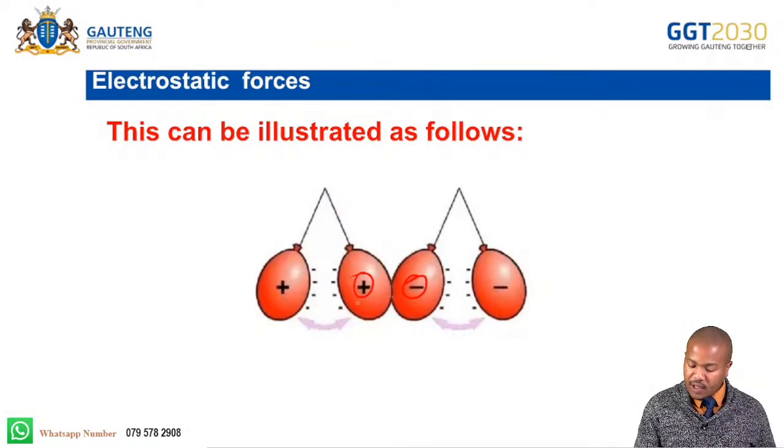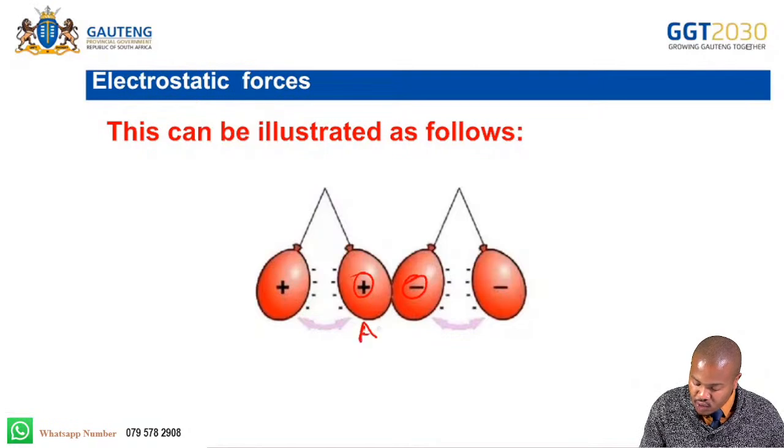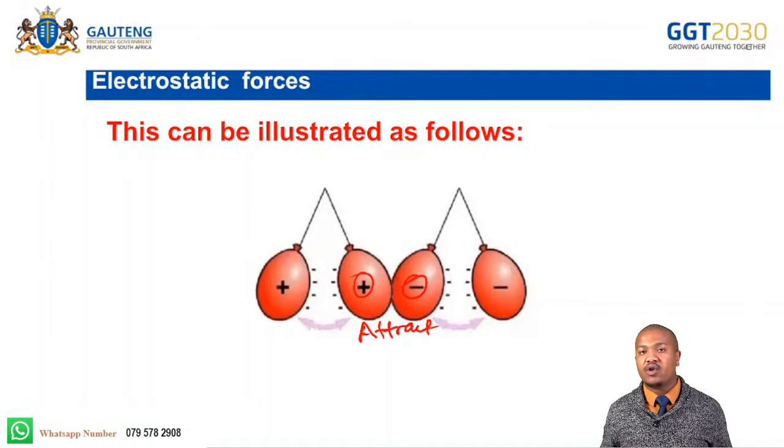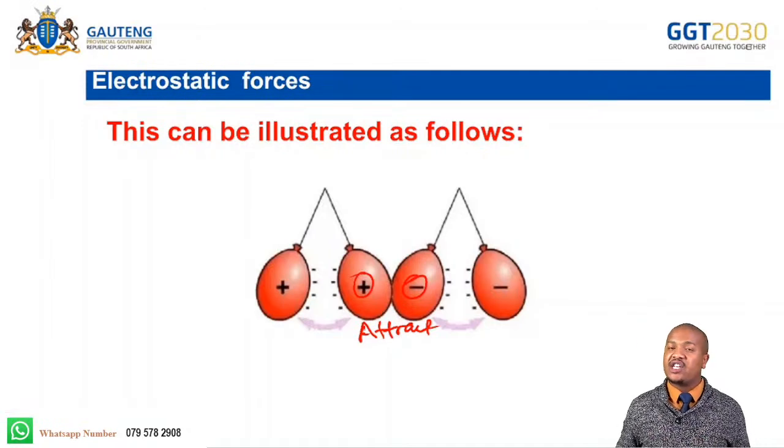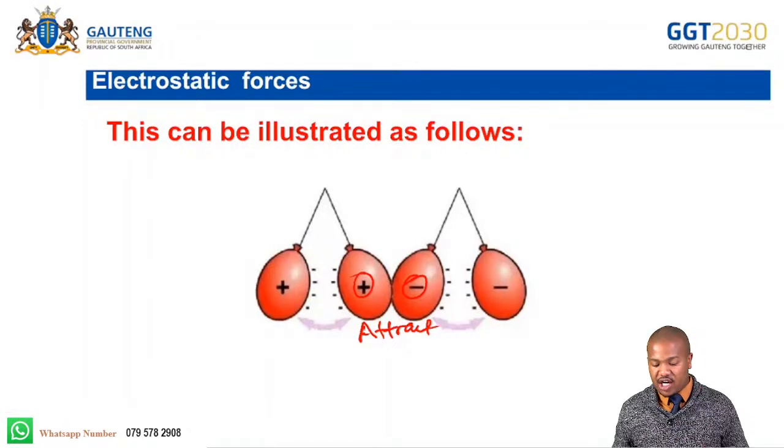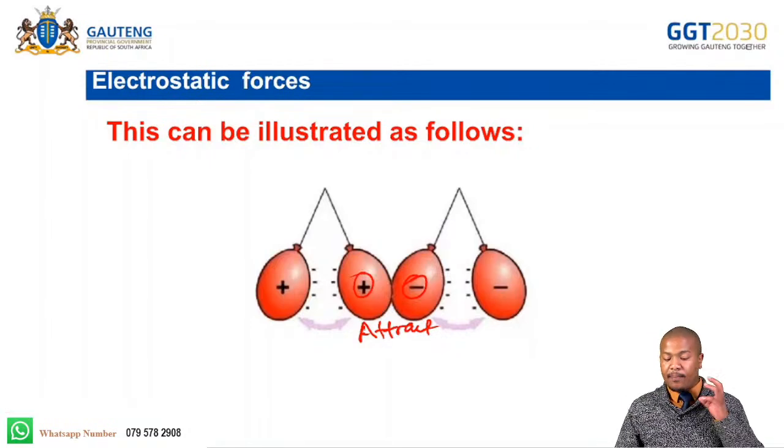So they're going to do what? They're going to attract. There's going to be a force of attraction here because they have different charges. They are unlike charges, right? One is negatively charged and the other one is positively charged.